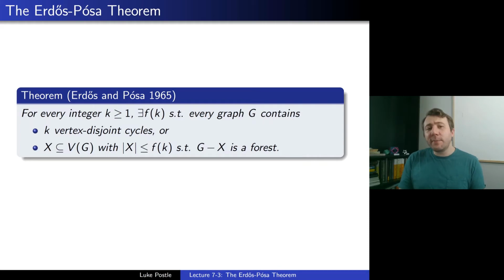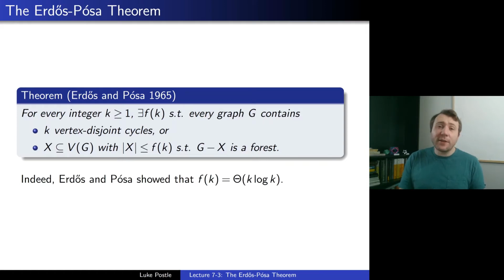So again, either we get many disjoint cycles, or there's a small hitting set where f(k) is a constant, irrespective of G, just depending on k. Now it might not be k minus 1, as in the Helly property, but at least just some f(k).